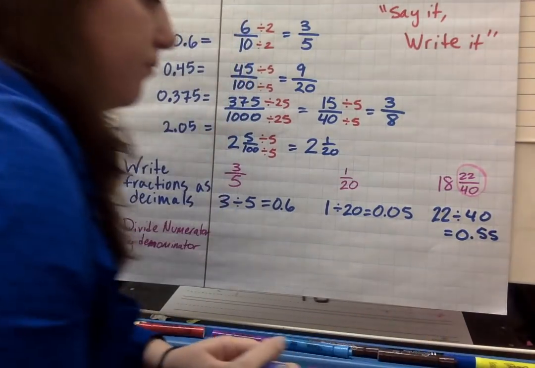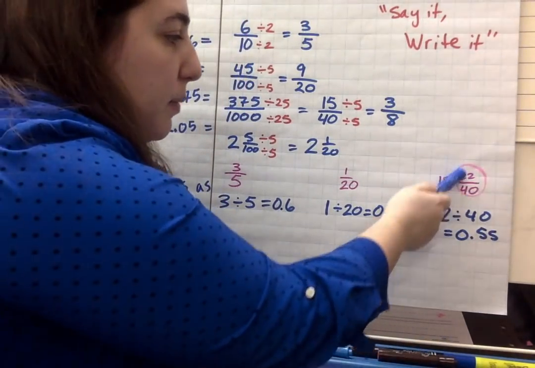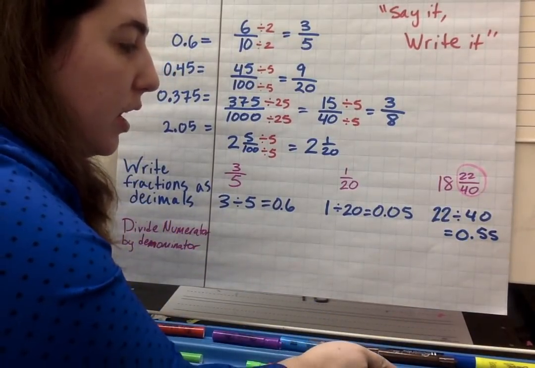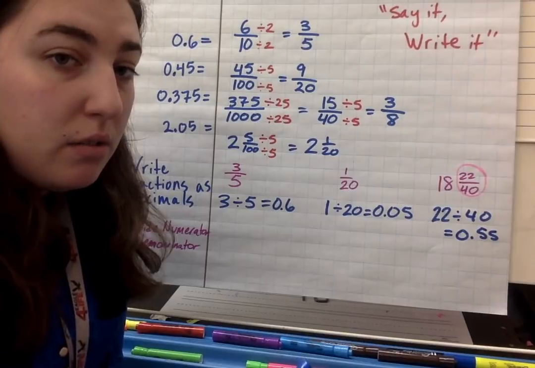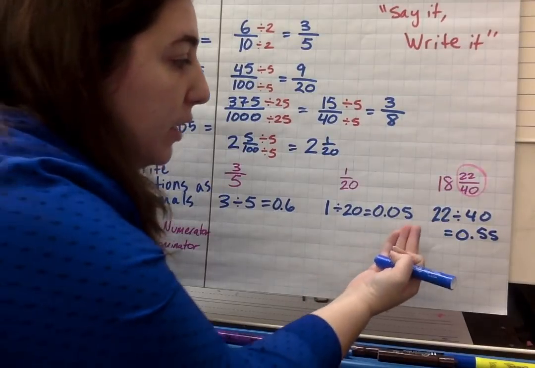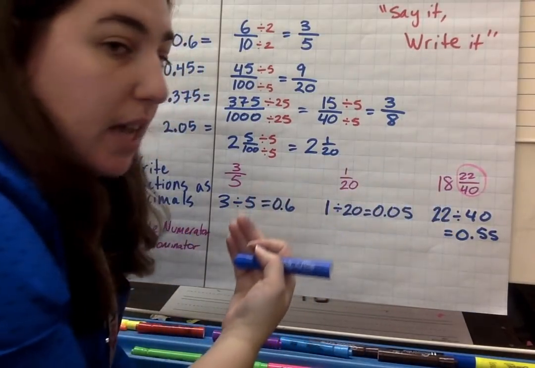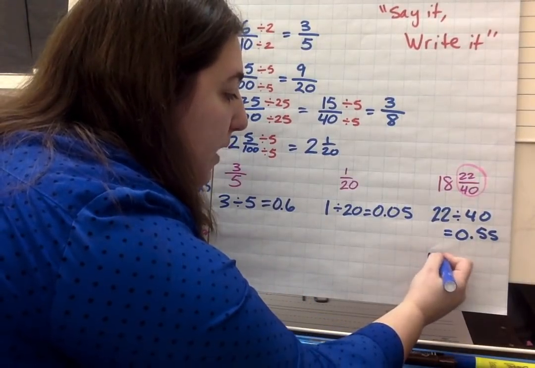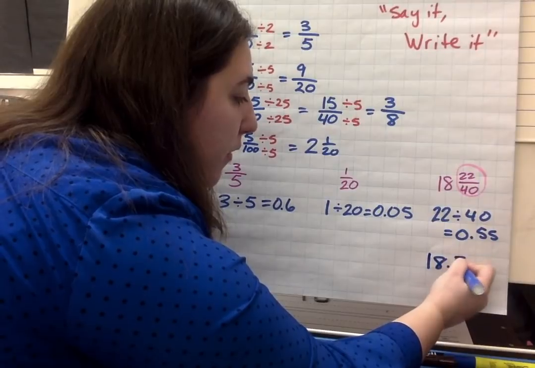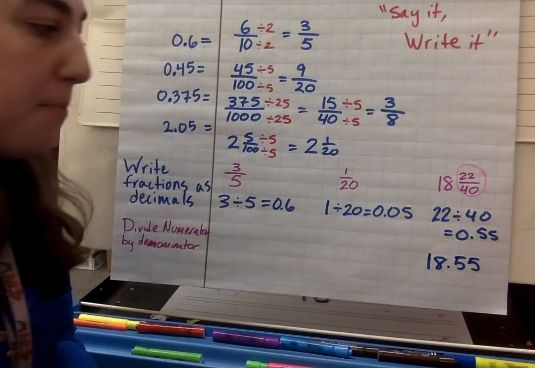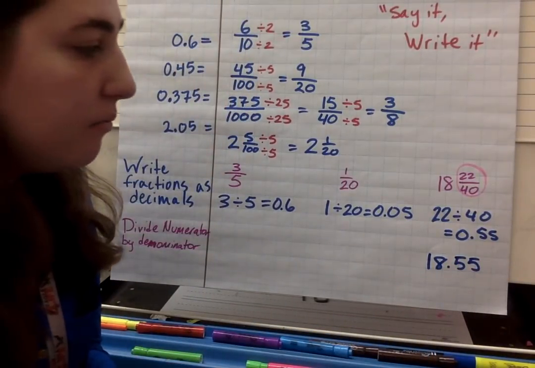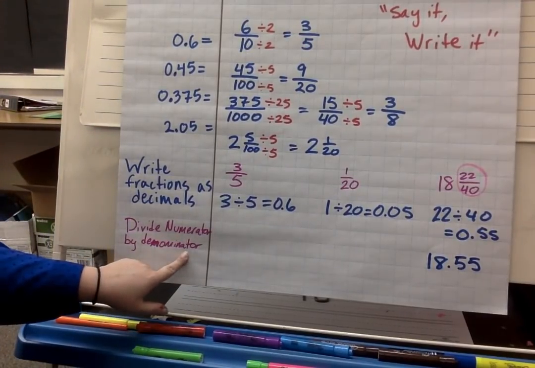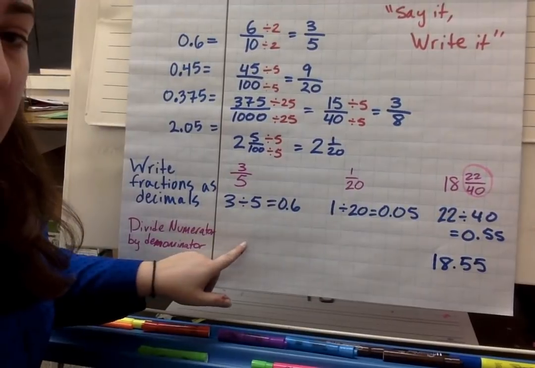Now, I'm not done. I need to make sure I include the 18 in my entire mixed number. So my mixed number would be 18.55. Okay? And that's it. So make sure you are dividing numerators by denominators and put this into your calculator.